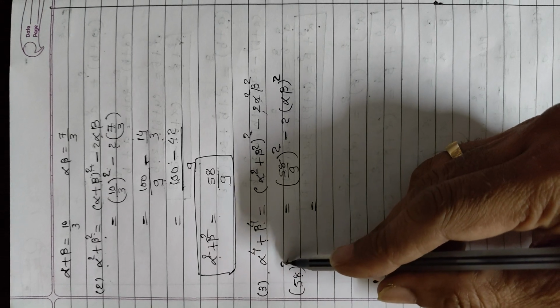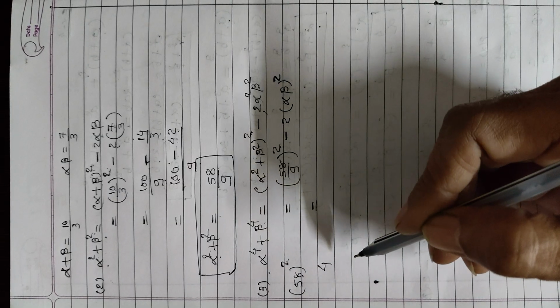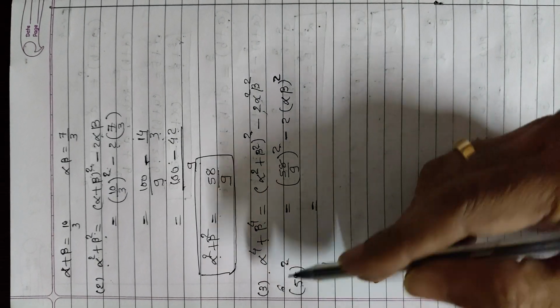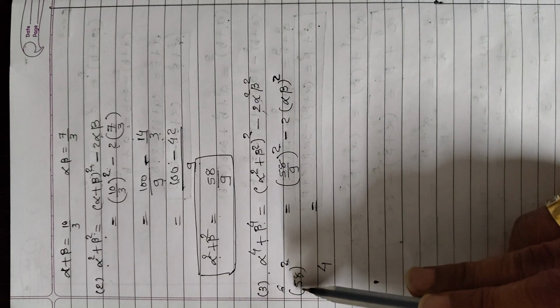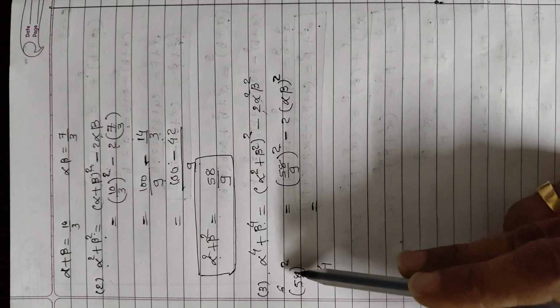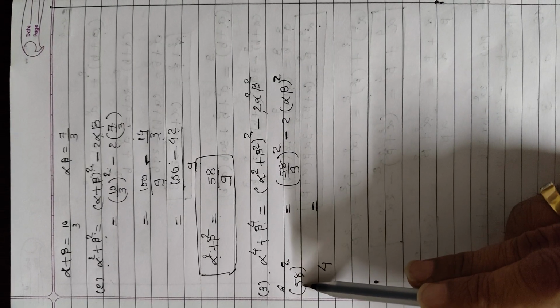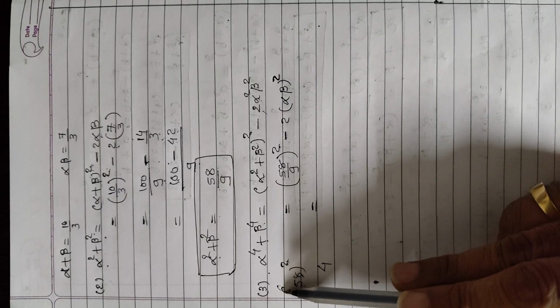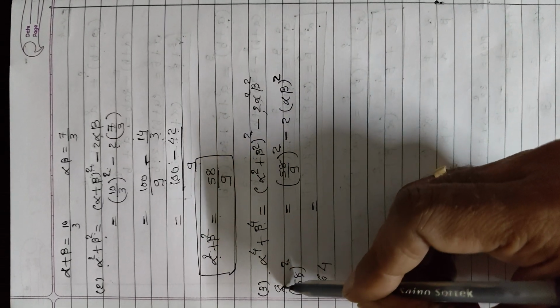So 8 square is 64, carry 6. 2ab means 2 times these b and a: 2 eights are 16, 16 fives are 80, 80 plus 6 carry is 86, so write 6 and carry 8.